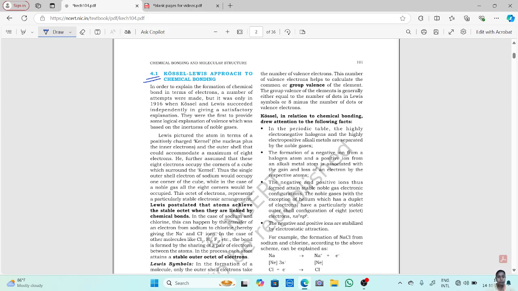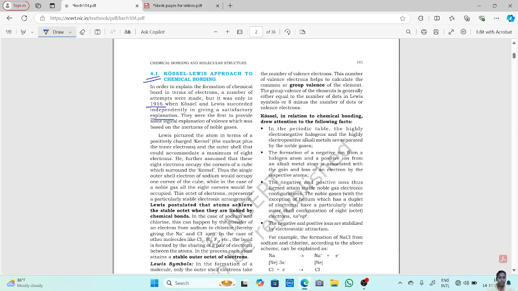In order to explain the formation of chemical bonds in terms of electrons, a number of attempts were made, but it was only in 1916 that Kössel and Lewis independently succeeded in giving a satisfactory explanation. So there were many explanations given for the formation of chemical bonds in terms of electrons.